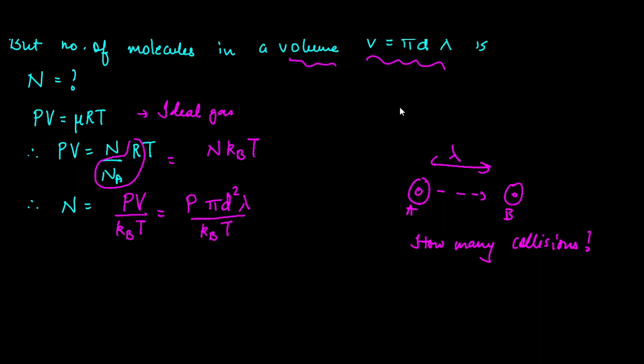One. It is one collision. Mean free path is the distance traveled between two collisions. So when it goes from A to B, it's going to make one collision.